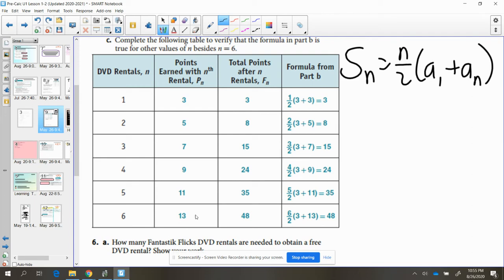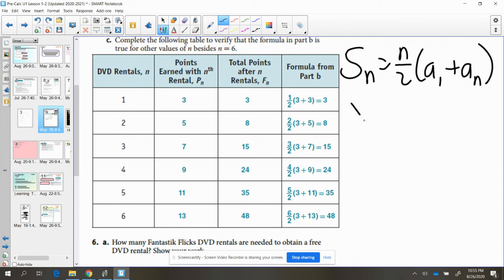So notice here, for instance, with number 6, our first term, a sub 1, was 3, and then we would have 6 plugged in for n, and our last term at 6 was 13, plug that in there, and together that equals 48, that summation of points, okay?